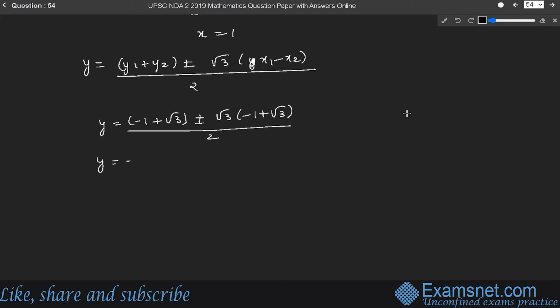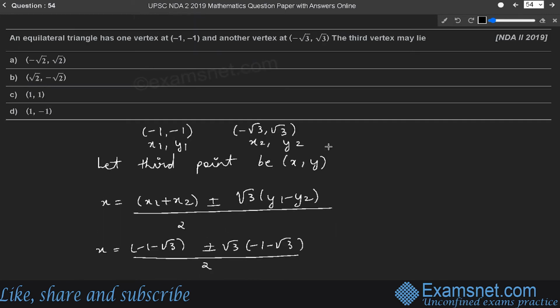So y will be equal to (-1 plus √3 minus √3 plus 3) divided by 2, which is equal to 1. Therefore, we can say that (x, y) is equal to (1, 1). Hence, the correct option for this question is option C.